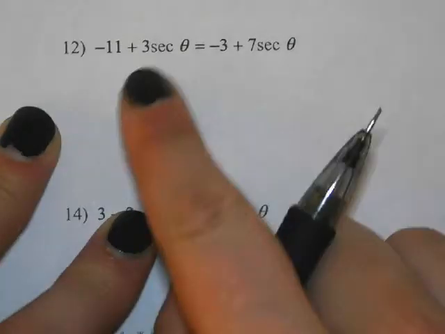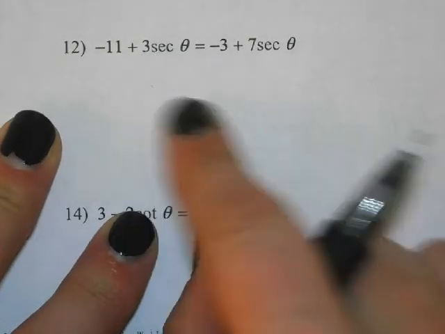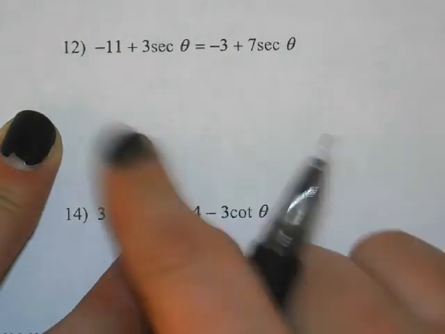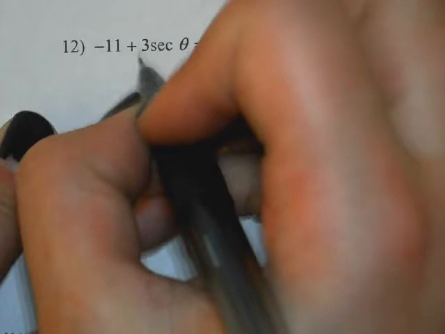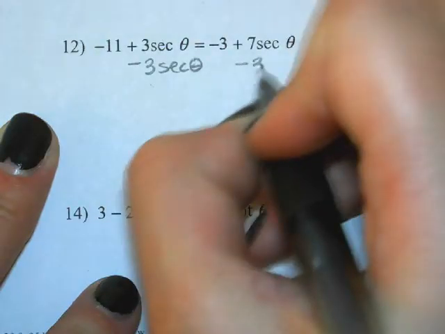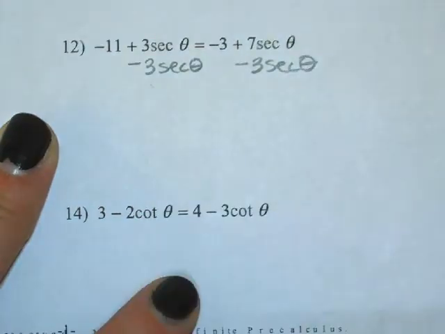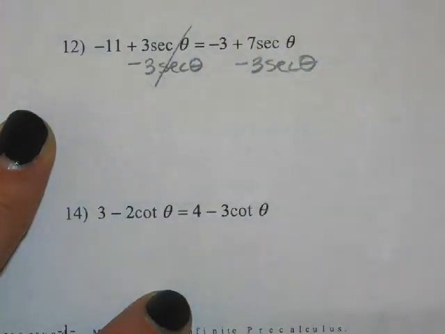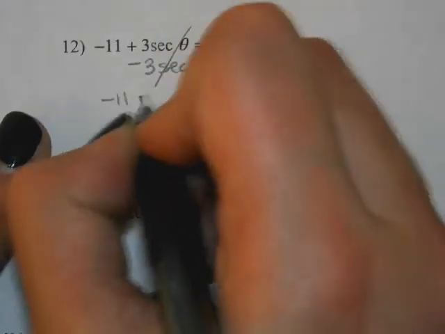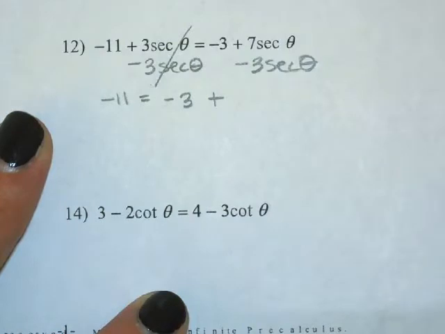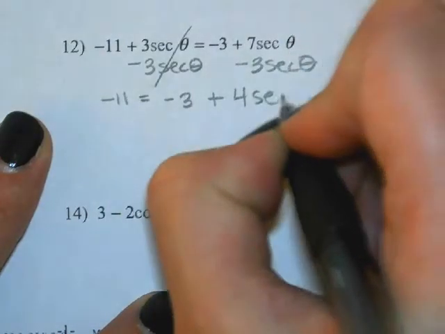Do you guys want to subtract 3 secant over to the right side, or do you want to subtract 7 secant to the left side? 3 to the right. Minus 3 secant theta. Okay. So those are gone. And we have negative 11 equals negative 3 plus 4 secant theta.